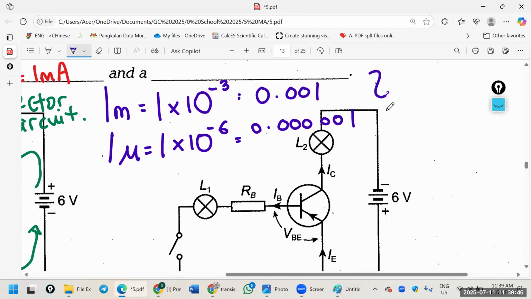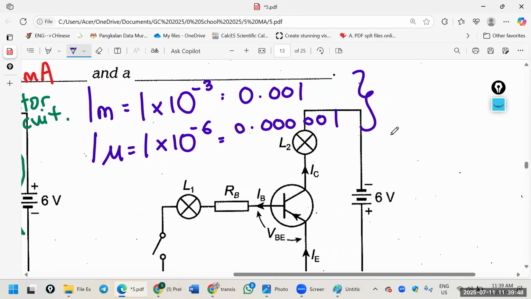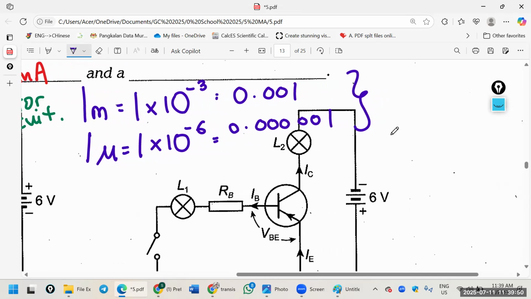Do you know what the difference between these two numbers is? How many times difference? Times 3. Yes, times 1,000. So actually they are not 3 times bigger. They are 1,000 times bigger. When I was young, I also got confused about it.